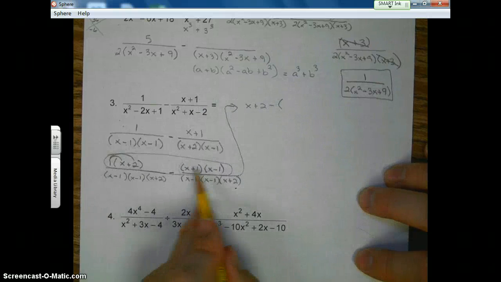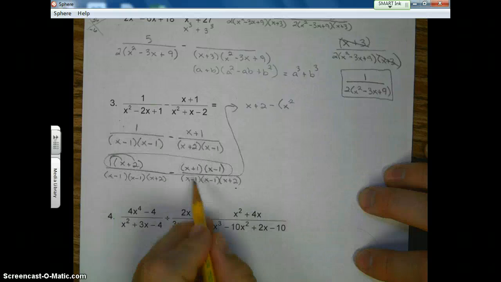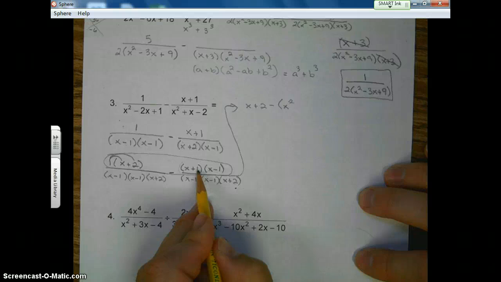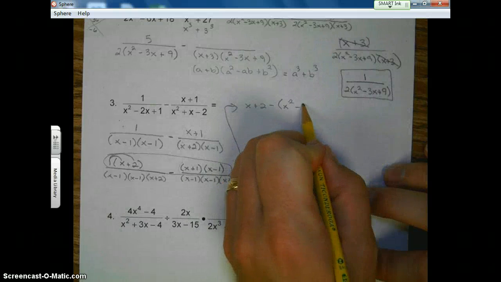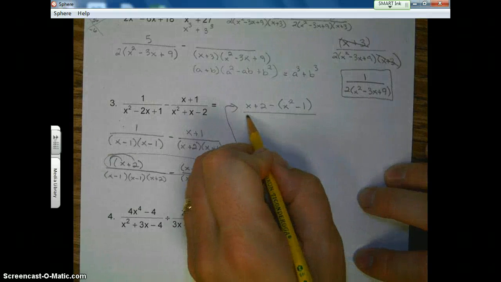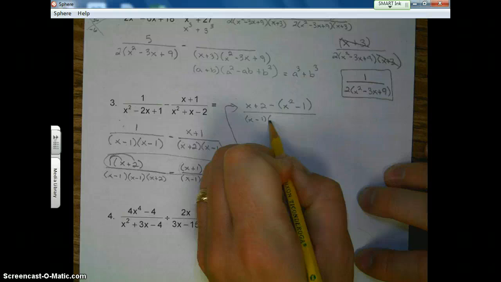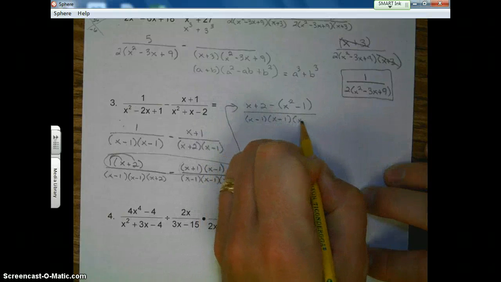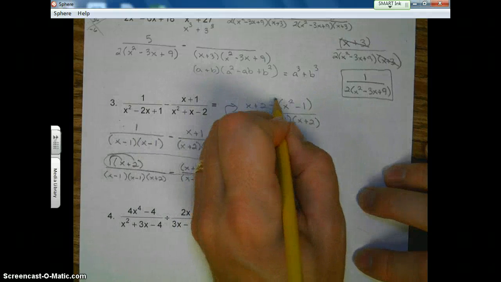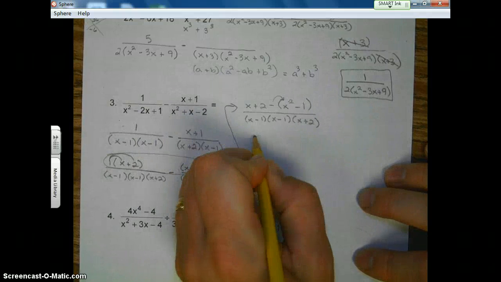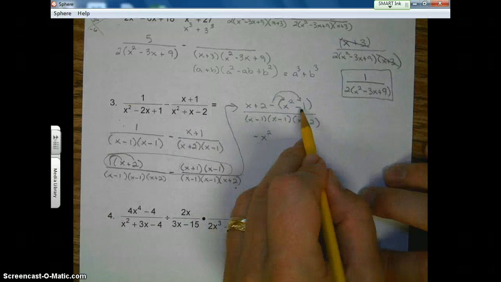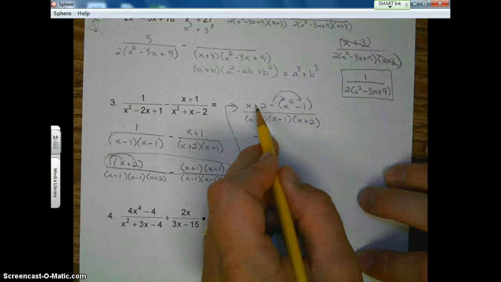So let's FOIL it. First terms, okay, inner and outer cancel. Last terms is -1. Over our common denominator. Okay, so this is going to be -x². This is going to be +1. And a +1 and a +2 is a +3.